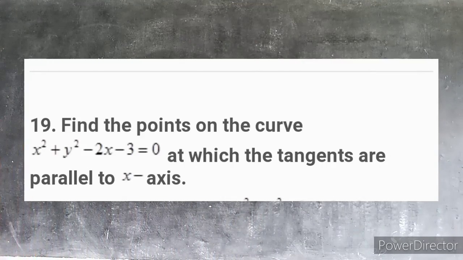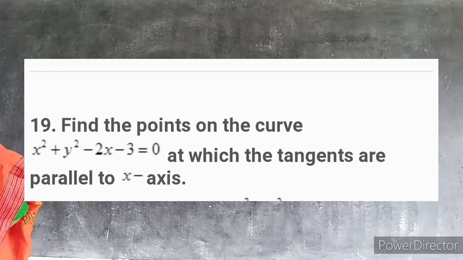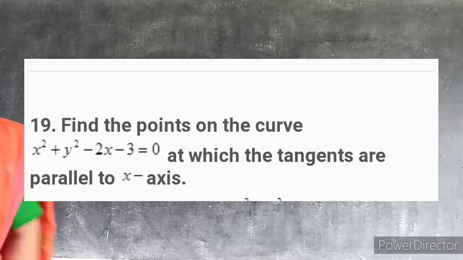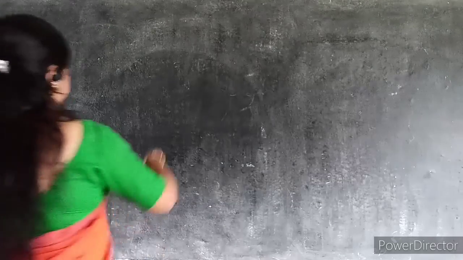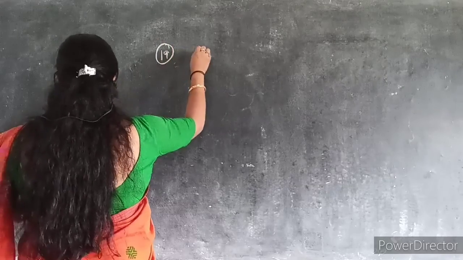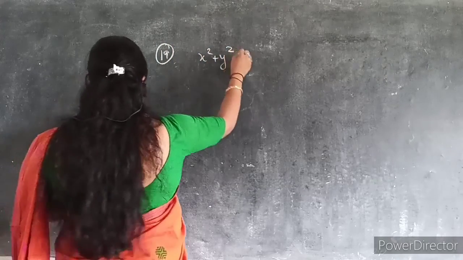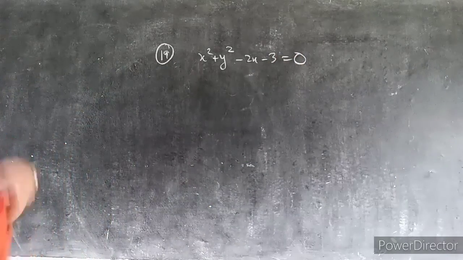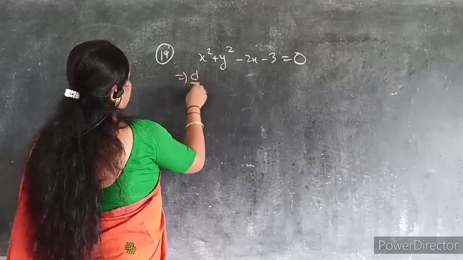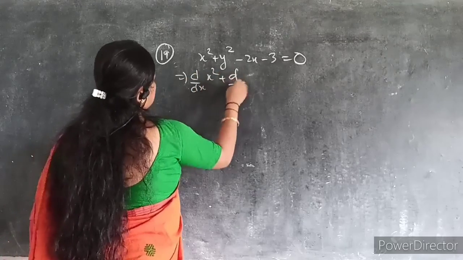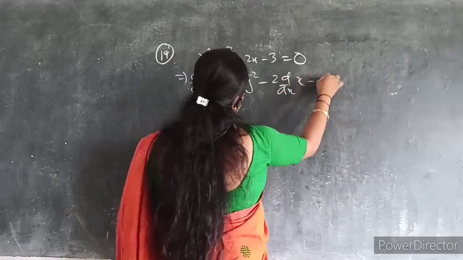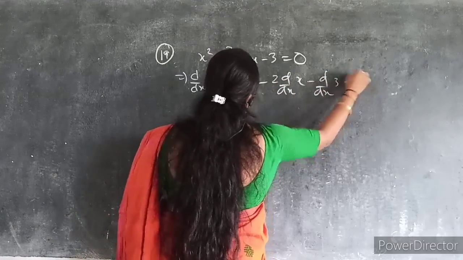Find the points on the curve x square plus y square minus 2x minus 3 equal to 0 at which the tangents are parallel to the x-axis. Okay, so here the equation is x square plus y square minus 2x minus 3 equal to 0. So let us take d by dx. So here d/dx of x square plus d/dx of y square minus 2 into d/dx of x minus d/dx of 3 equal to 0.